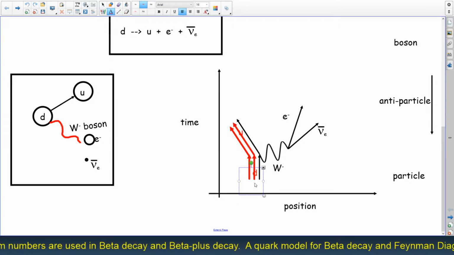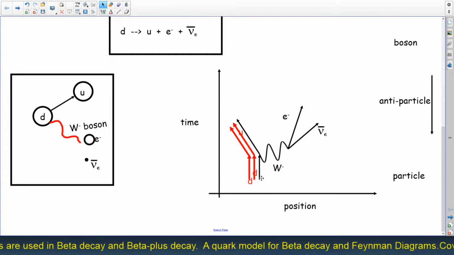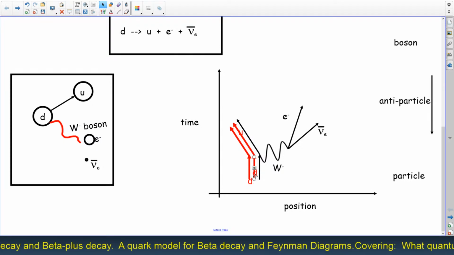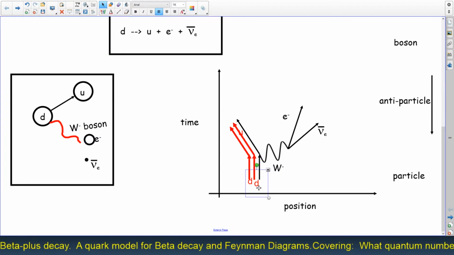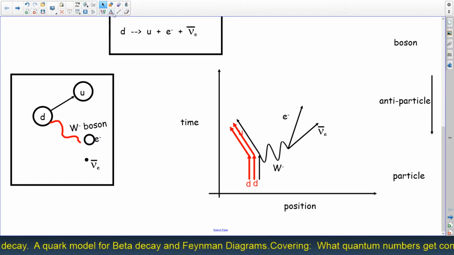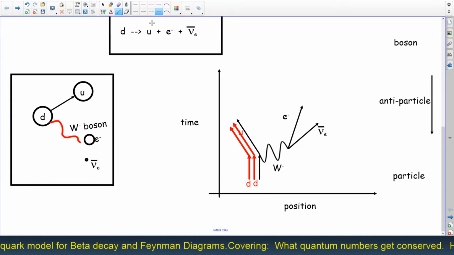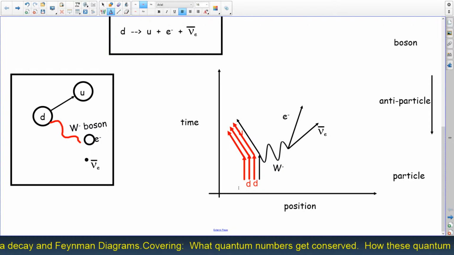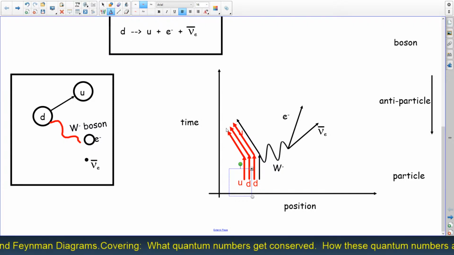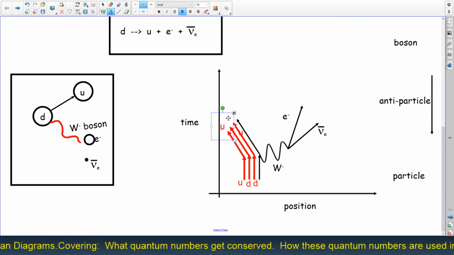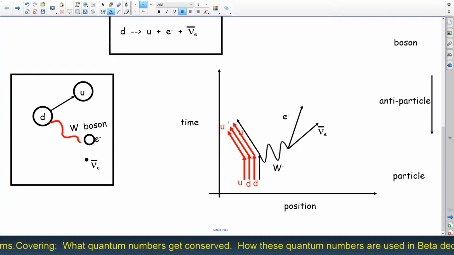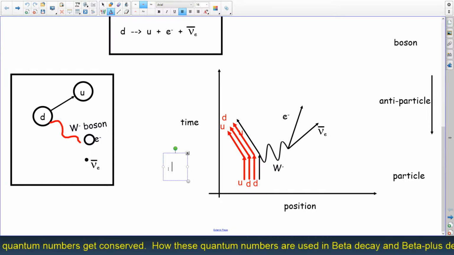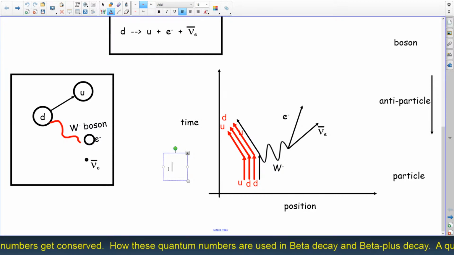You can have down, down. I can grab this one and get it in the right place. Come on. There we go. And I can express the entire neutron as a system of its three quarks. We have the up, down, down, that is the neutron, becoming the up, down, up, that is our proton at the end. And this is beta decay in a nutshell as a Feynman diagram.